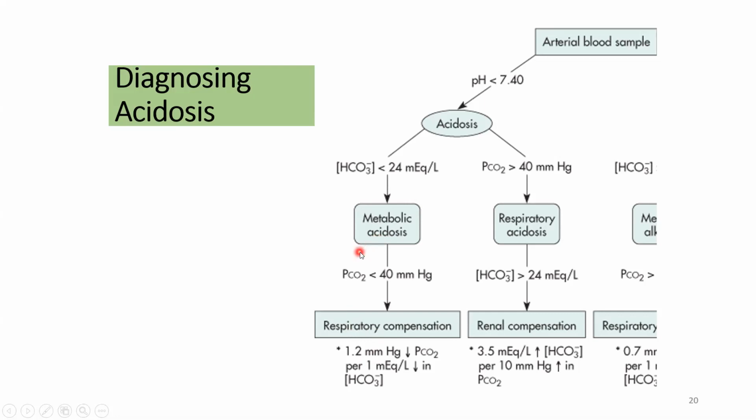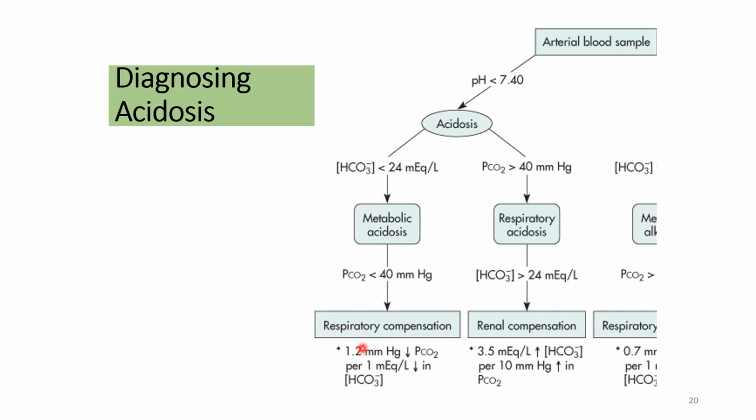So, said simply, each 1 milliequivalent per liter drop in bicarbonate should be compensated by a drop of 1.2 mmHg PCO2, i.e., this much carbon dioxide needs to be exhaled out to bring the pH upwards towards normality.